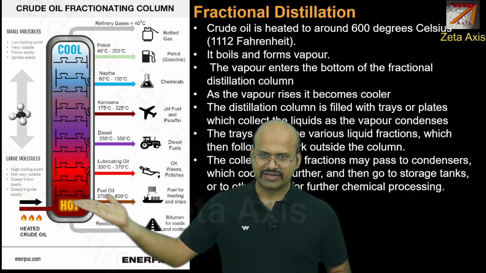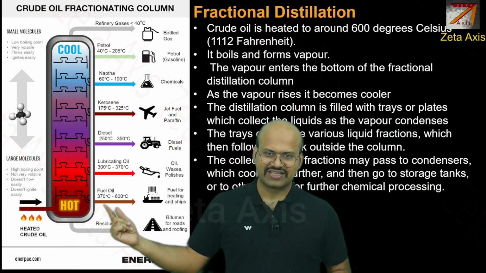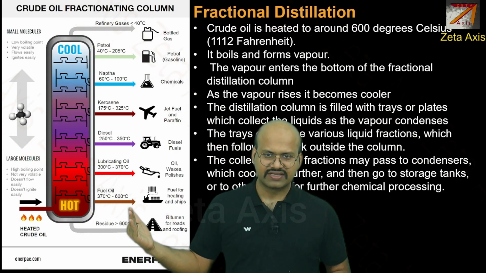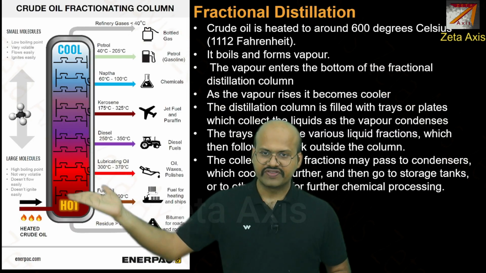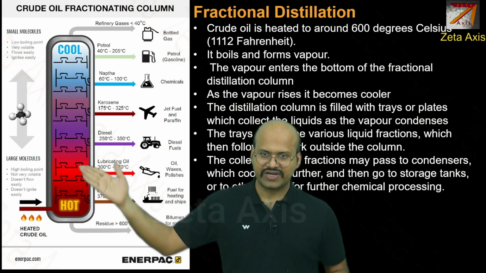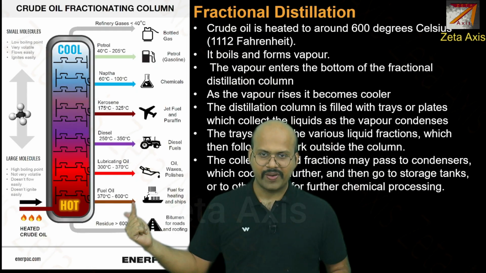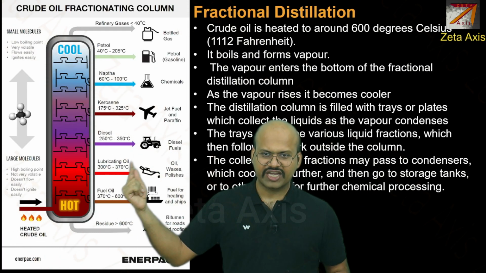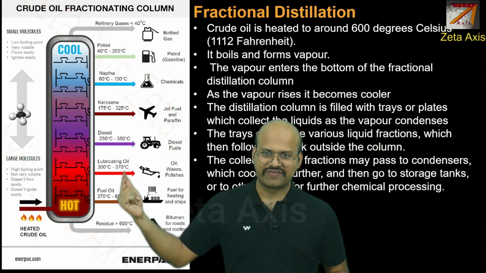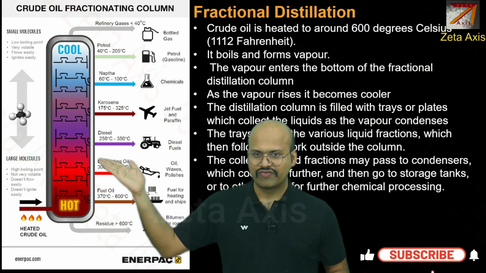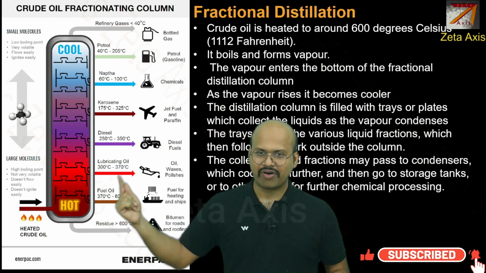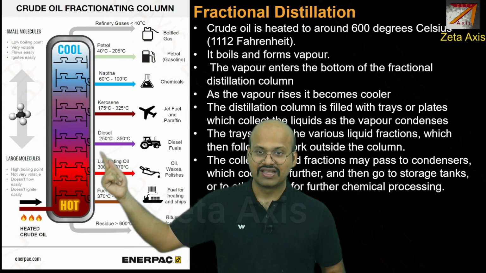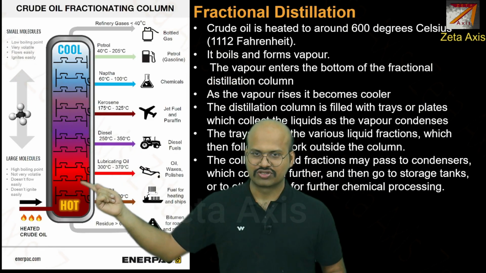As we rise up, fuel oil, which has the highest liquefying temperature, will come out here as liquid, because above this region it will be in the form of liquid, and only below this it will be in the form of vapor. Similarly, when the vapor rises up, lubricating oil will separate at 300 to 370 degrees Celsius, because the vapor formed by lubricating oil will liquefy in this region, while others like diesel will still be vapor here, so they will rise up.